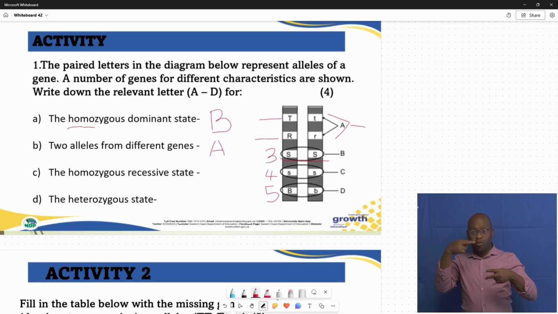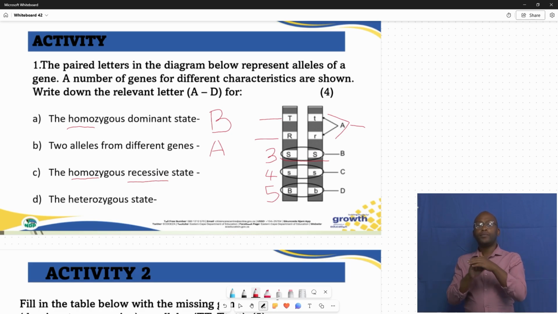Then let's look at C. Which one represents the homozygous recessive state? Remember, what is homozygous? Homo means same, but then it is being coupled by recessive. Remember, we represent recessive in small letters.